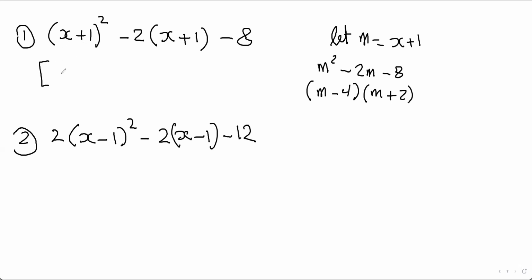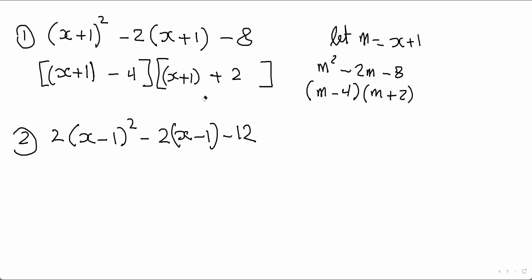But some students, they could just see that this term here is x plus 1. That's the squared term. So they just do this. And then this x plus 1, that's what they put in at the beginning. And then they look for 2 numbers that multiply to give you negative 8 and add to give you negative 2. So it'll be negative 4 and plus 2.